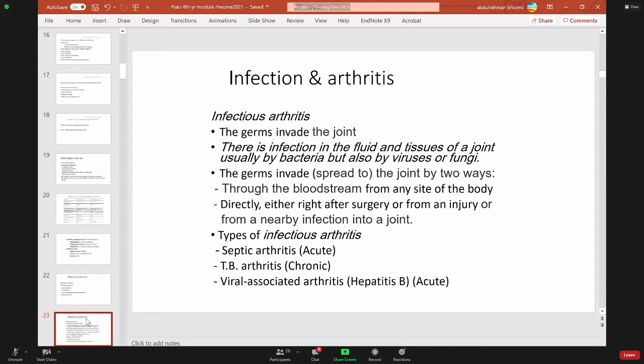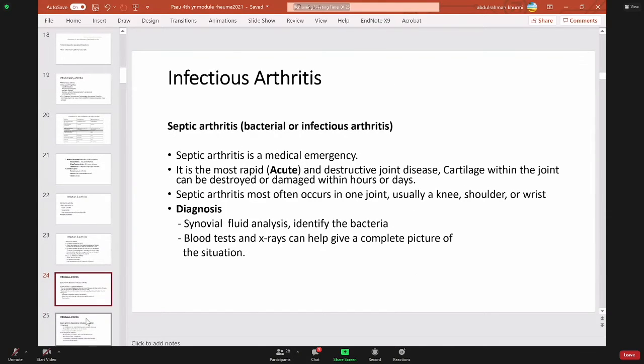Septic arthritis is acute, usually involves one joint, and TB arthritis usually comes chronic with less severe symptoms initially, but it has systemic symptoms like TB, and viral arthritis, like in hepatitis or EBV infection, which can come as systemic arthritis. As you may know, septic arthritis is a medical emergency. Acute destruction of the joint might happen, and it might lead also to systemic illness.